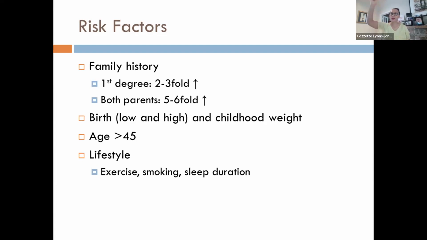They tend to have a higher level of sugar in the blood compared to someone who didn't smoke. It's also associated with inflammation and other things. Sleep duration, the data is still out on that, but we do know that when you have disruptions in sleep, you have lower melatonin production in the body, and that actually puts you at higher risk of developing type 2 diabetes.